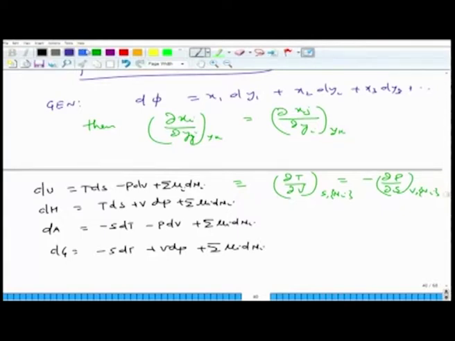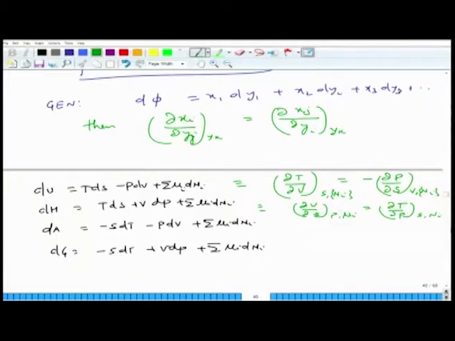I am going to write this as del V by del S at constant P, and I, no, this has to be del V by del S and del T by del P at constant S. Now you can also use inversion.